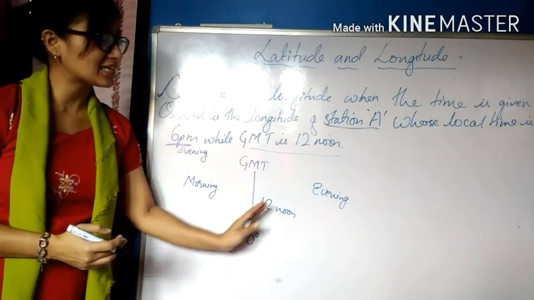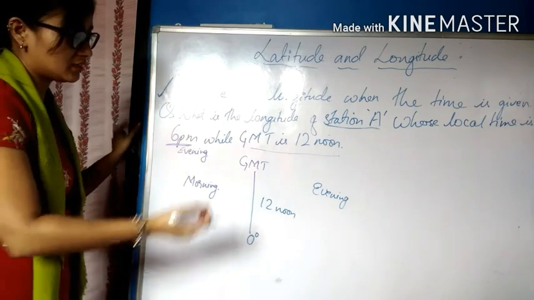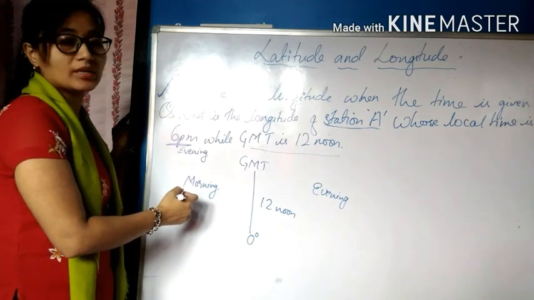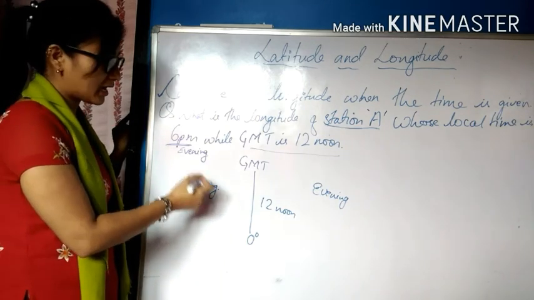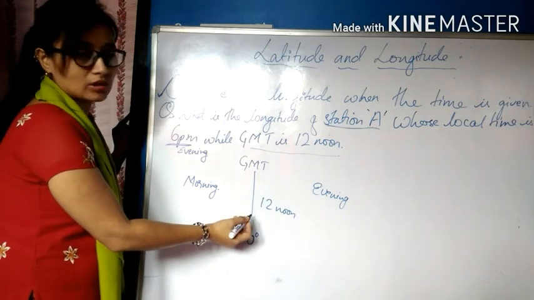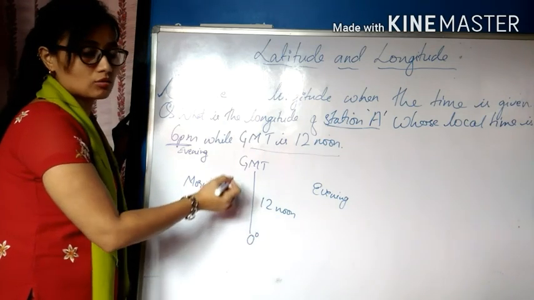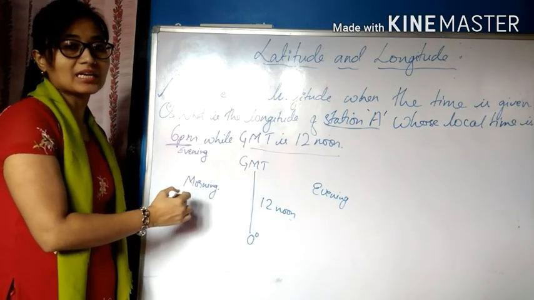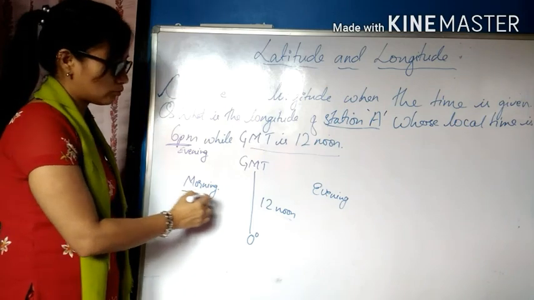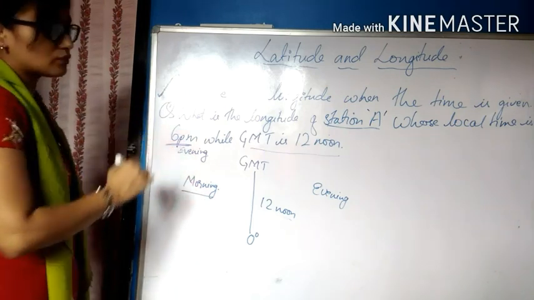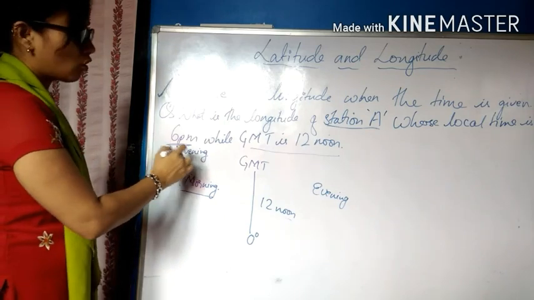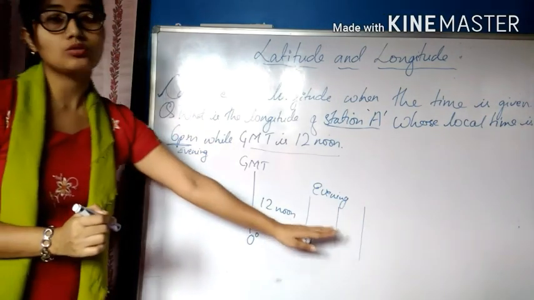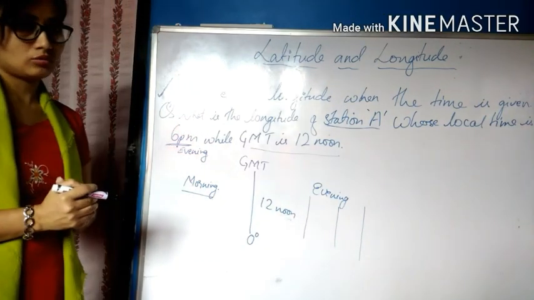Because the places on the eastern side of GMT are ahead. If GMT has 12 noon, they will have evening. And the places on the western side of GMT are late. If GMT has 12 noon, midday, then the places on the western side will have morning. So with the help of time, we have come to know the longitude lies somewhere in the eastern side, but we don't know at which longitude.